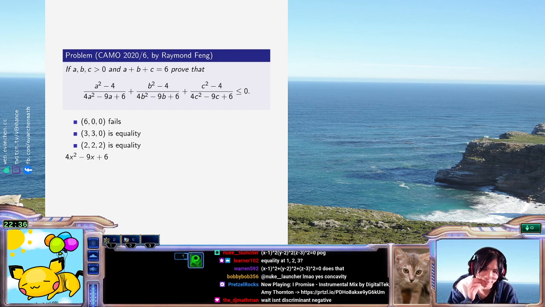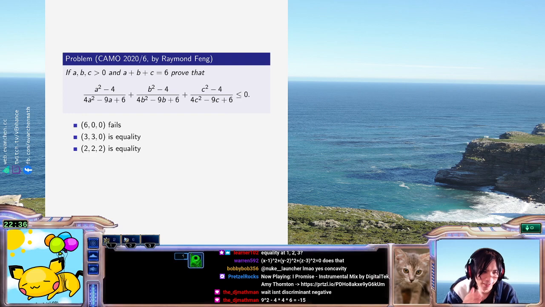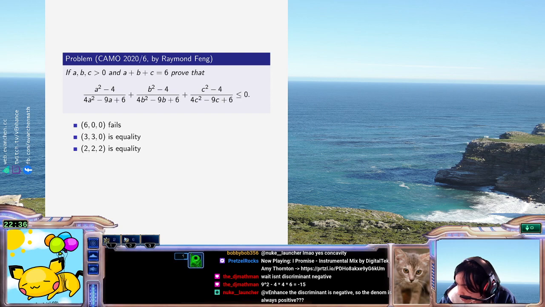Sorry, my bad. The discriminant's negative. Alright, we're all good. Everything's fine. It's minus 15. Okay, that's fine. So what can I do that has equality at both 3, 3, 0 and 2, 2, 2? Yeah, the discriminant's negative. I was just being stupid.